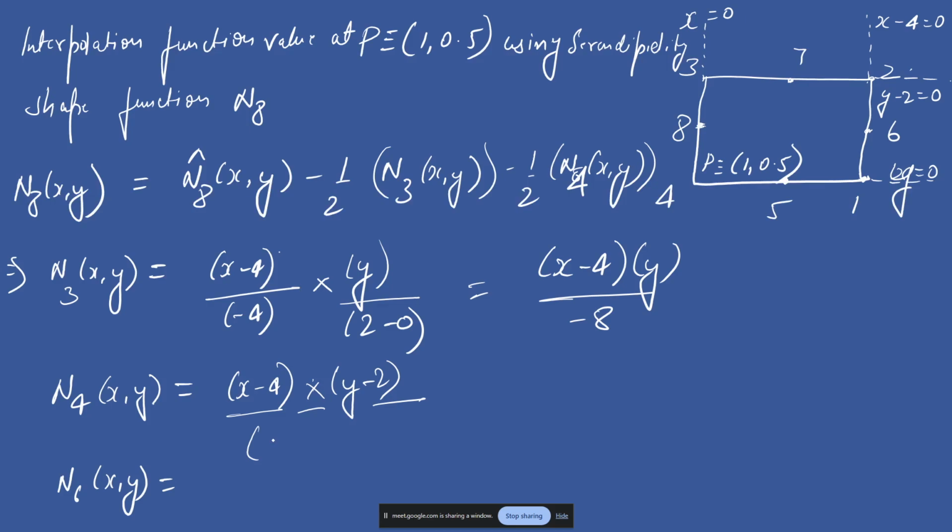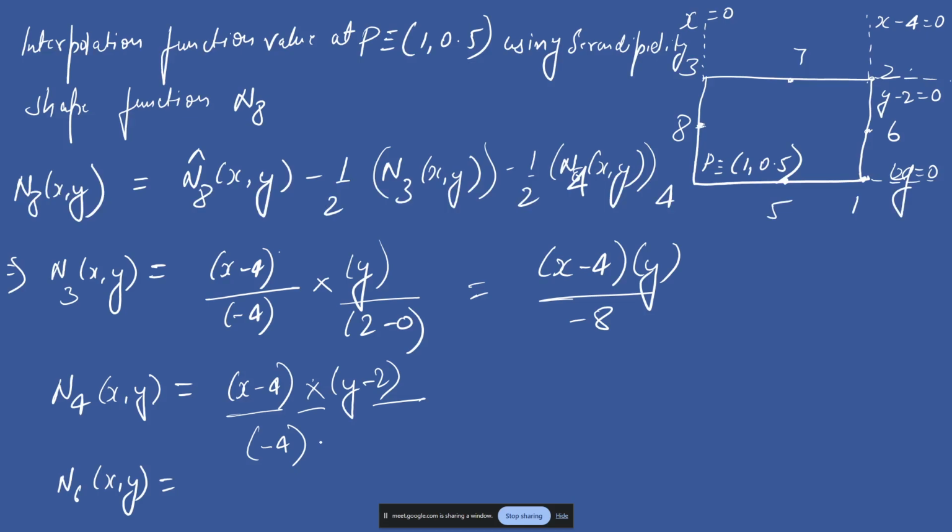So xi minus xj is minus 4, and then you are having yi minus yj.